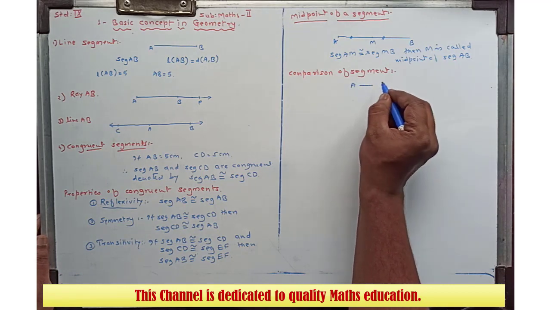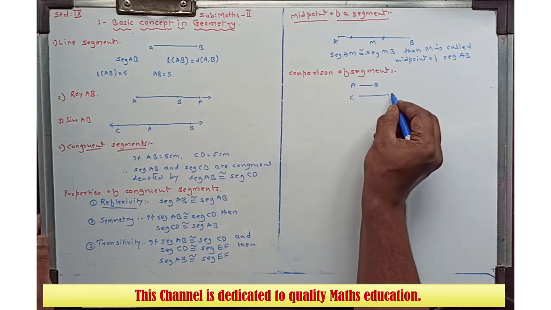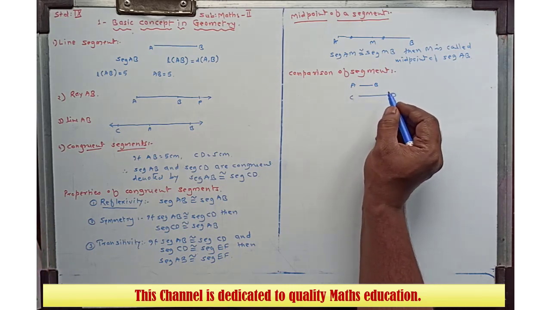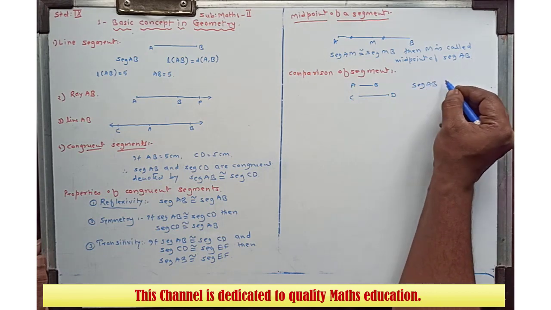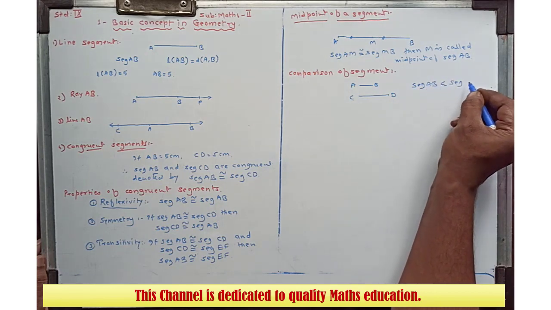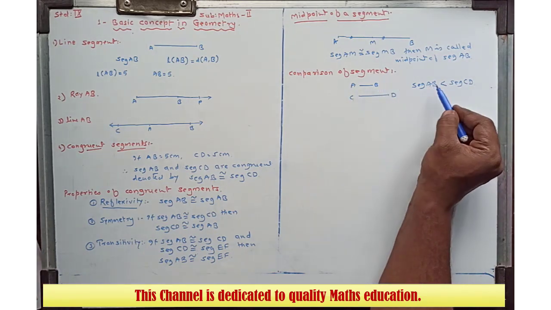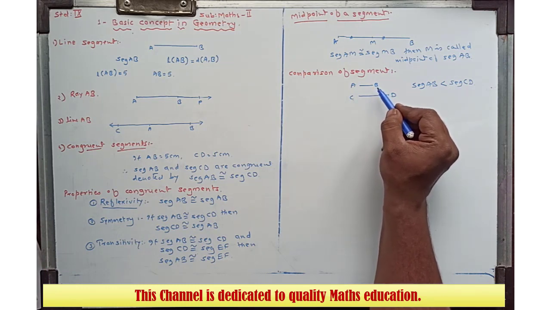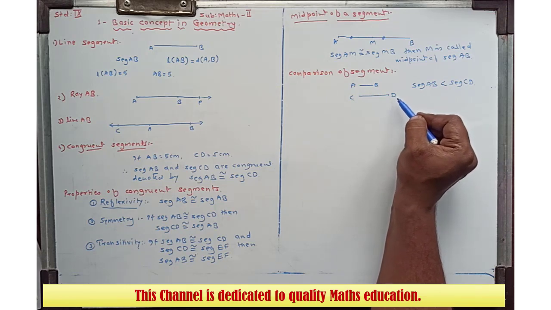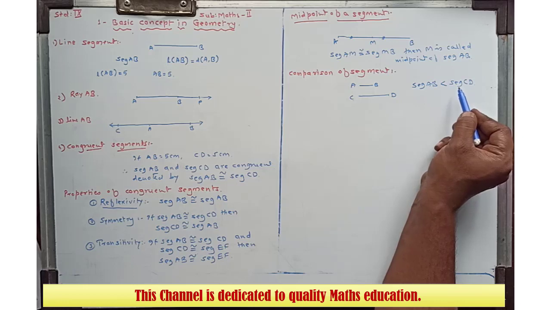Suppose this is AB, whose length is less than this segment CD. Then we say that segment AB is smaller than segment CD. कंपैरिजन हम उनकी लेंथ पे करेंगे. अगर AB की लेंथ CD की लेंथ से कम रहेगी, then this segment AB is smaller than segment CD.